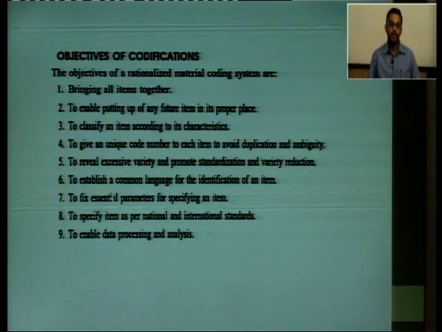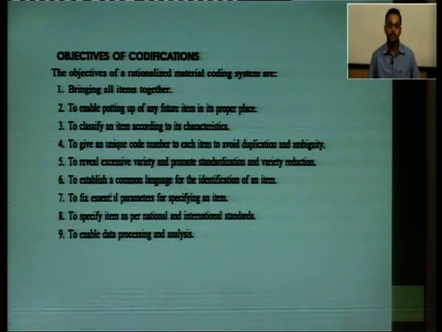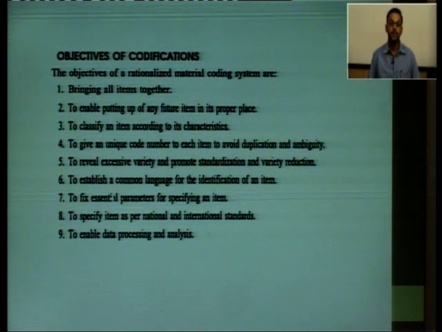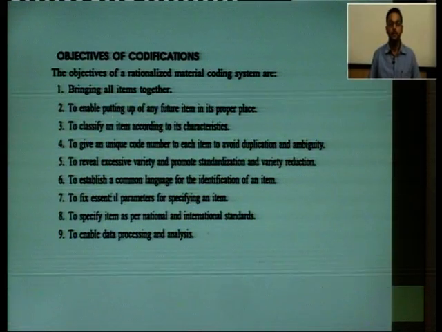As we have seen the objectives of codification, firstly, whenever we are doing some codification in a unique system of engineering, the first motive is to bring all the items into one list. This is why we offer a unique code to each item with which we can identify that item individually.